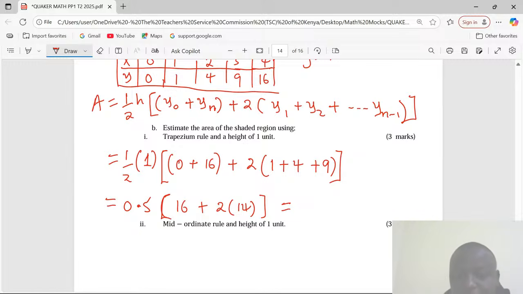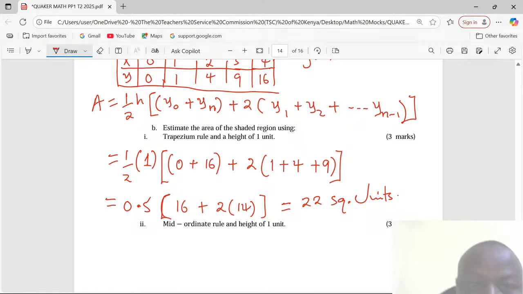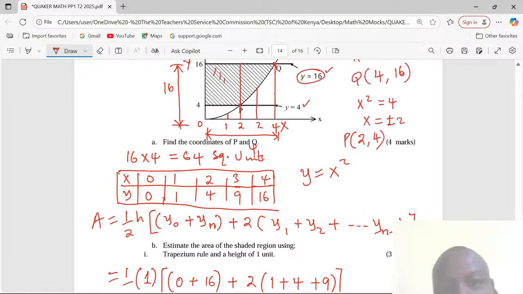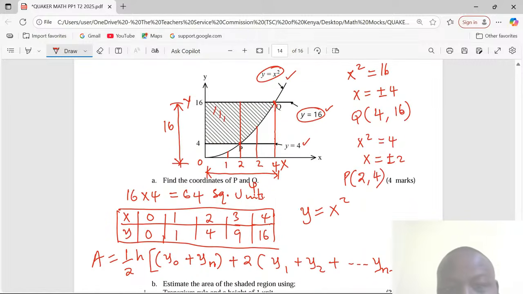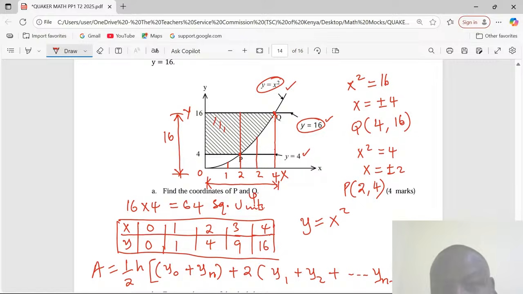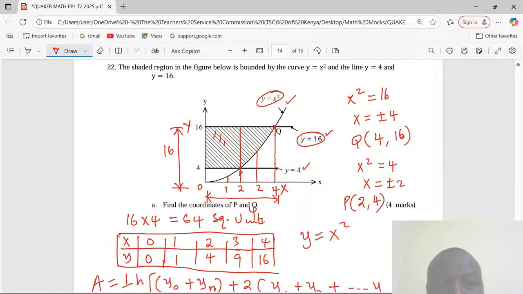This is going to be 22 square units. So 22 square units is all the area from 0 to 4 below the curve.